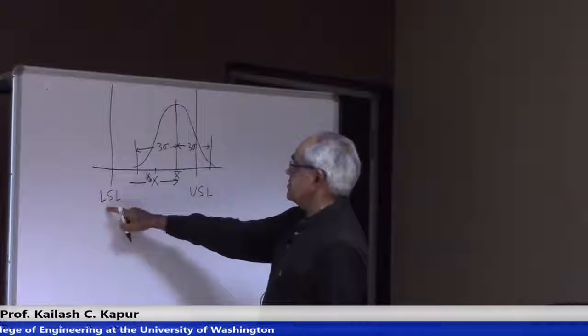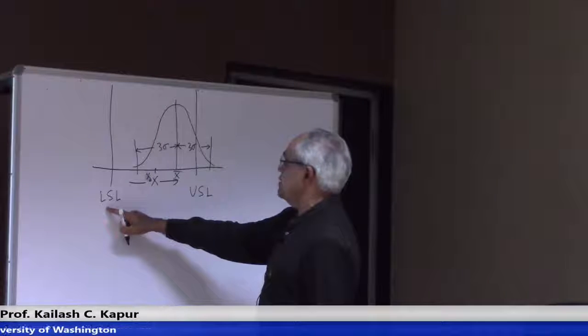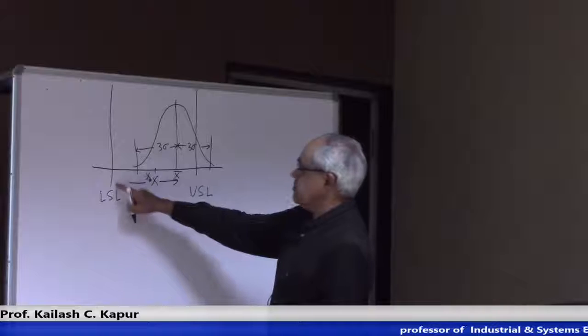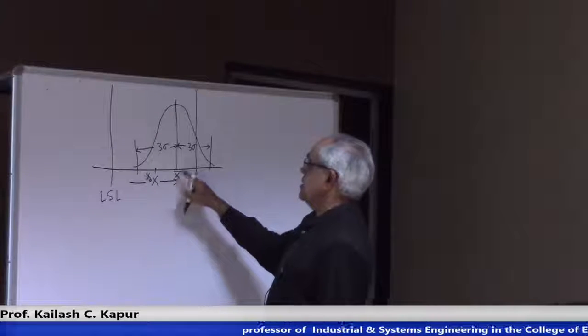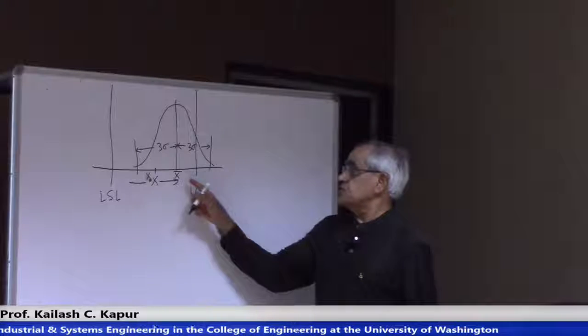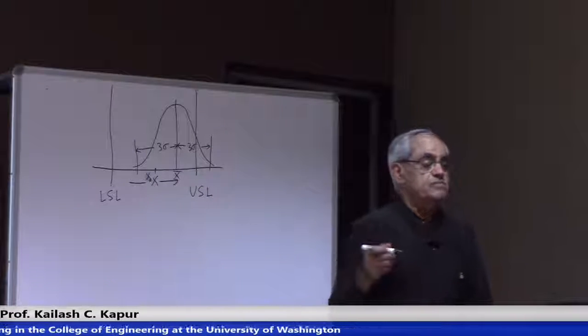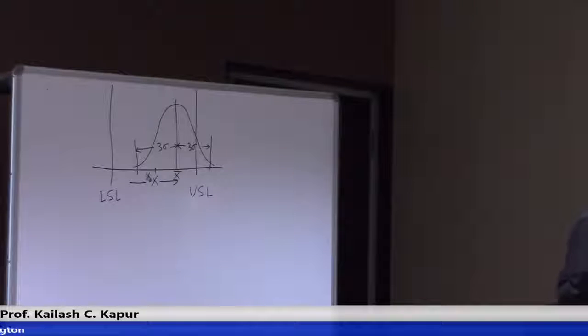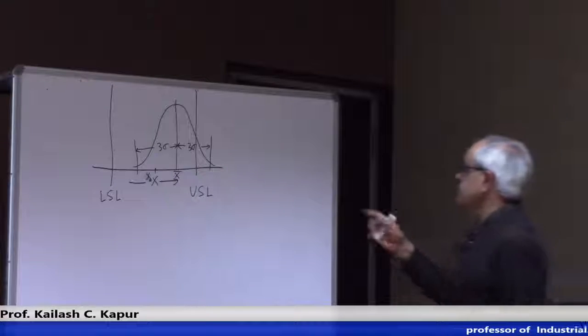Capability relative to the lower spec will be the distance from here up to here, and then you divide it by 3 sigma. If this distance is greater than 3 sigma, then your capability is more than 1. Then people say, oh, that is capable.